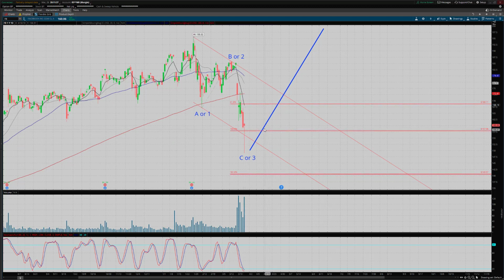And I'll mention that Facebook, even though it closed slightly lower than it opened, and you can tell that by the red real body, still closed above Friday's closing price, which, considering the overall action, is pretty impressive.